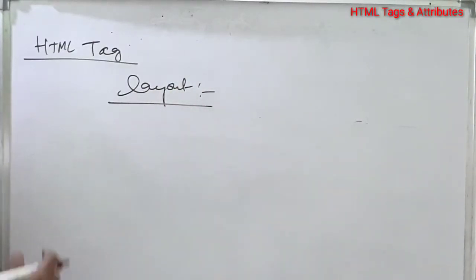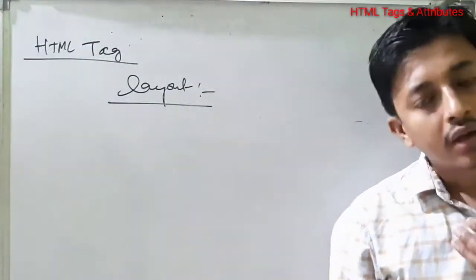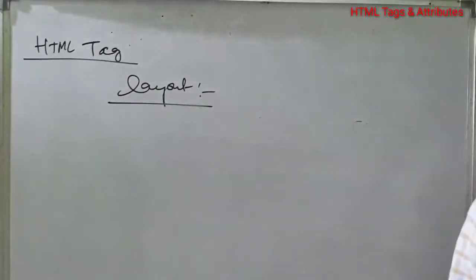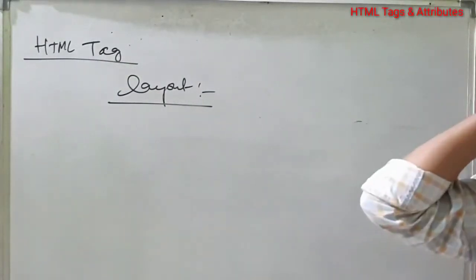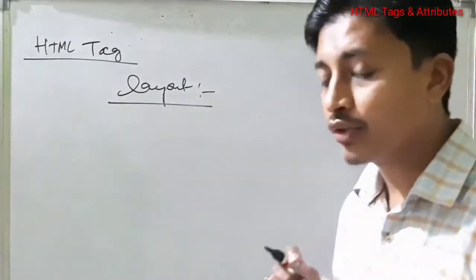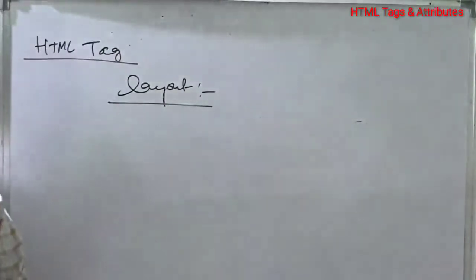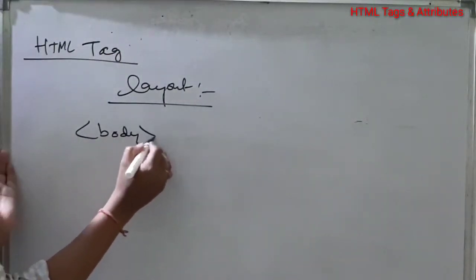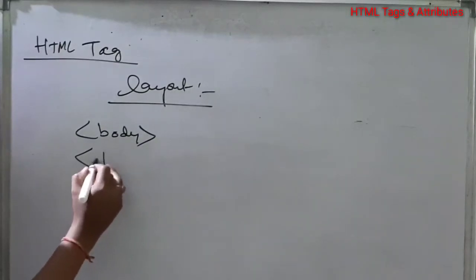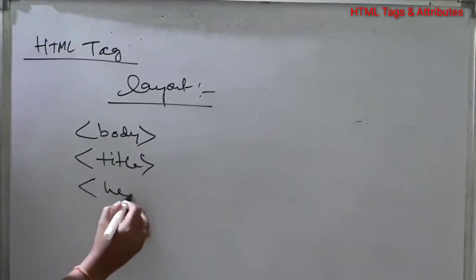Layout means how your web page looks. So it is defined by the tags. When you are using HTML tags, these are already predefined tags, for example the body tag, the title tag, and the head tag.